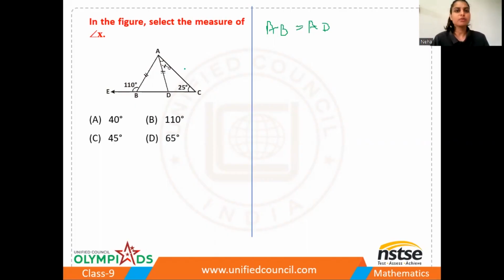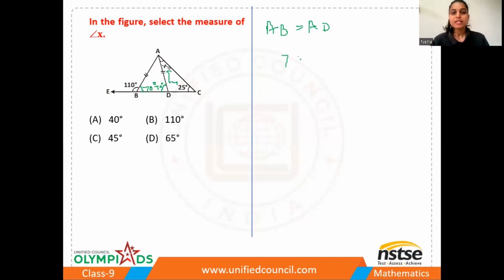then the opposite angles are also equal, right? So if this angle is 110 degrees, then obviously this angle is 70 degrees because they make a linear pair. If the angle opposite to AD is 70, then obviously the angle opposite to AB will also be 70 degrees. Now the property of the exterior angle: it is equal to the sum of the two opposite interior angles.